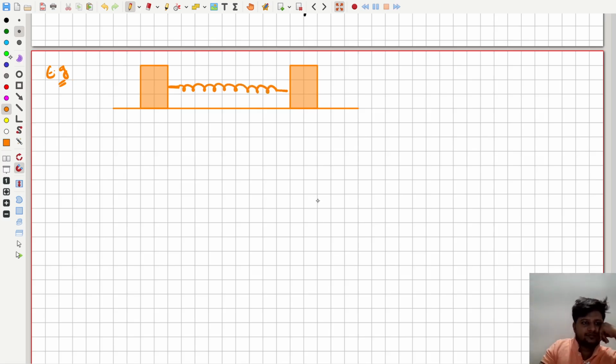Let's suppose there is a block of 1 kg over here, and then there is a block of 2 kg over here. Is that clear or not? And the 1 kg starts to move with an acceleration of, let's suppose, 3 meter per second square.